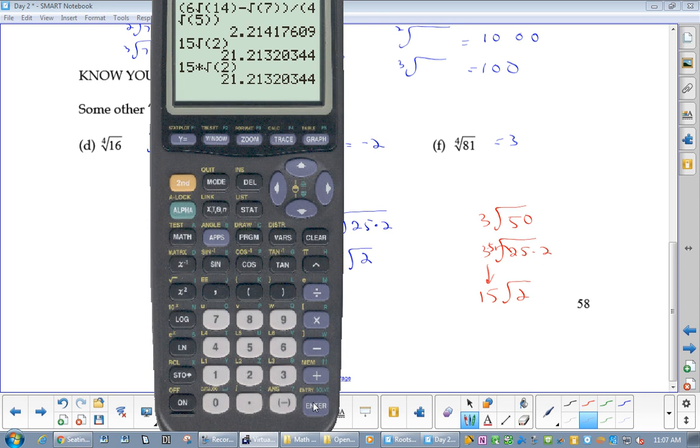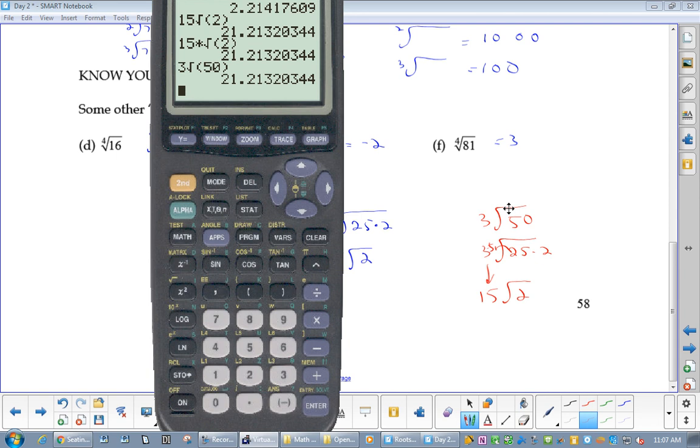Well, 3 root 50. Oops. Yeah, I can show you how. Well, that's a little bit harder. But do you see how they all mean the same thing? Because these are all the same thing. The problem is, this one isn't finished.